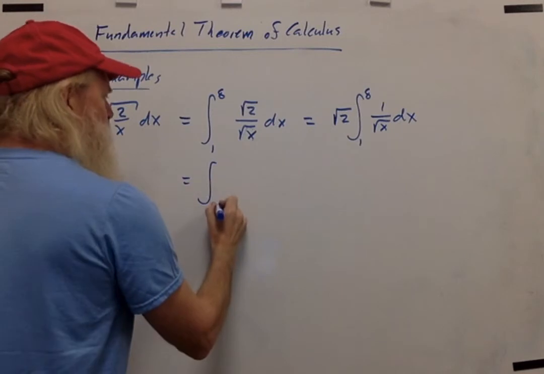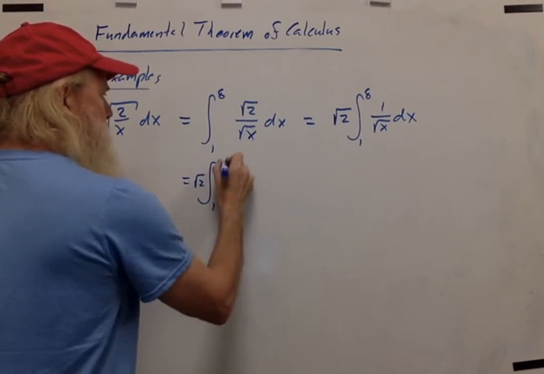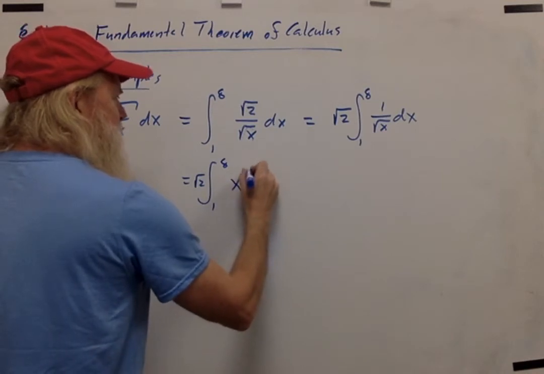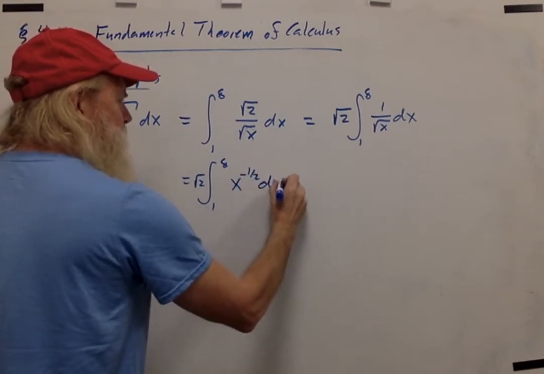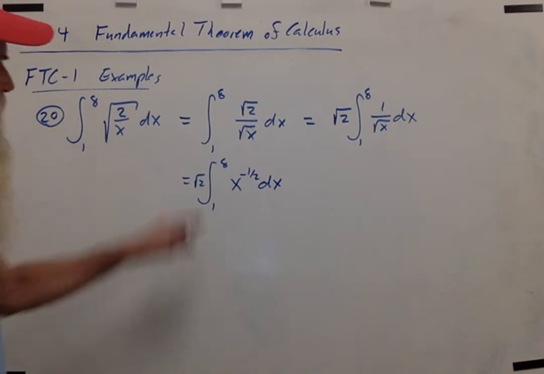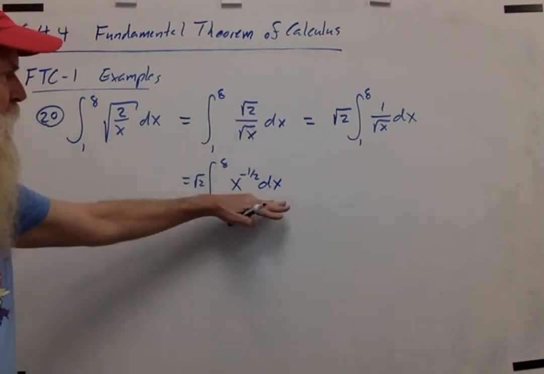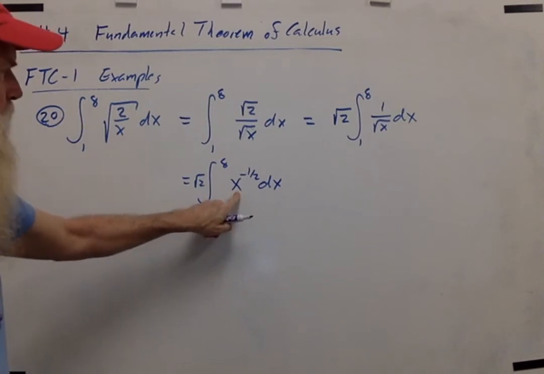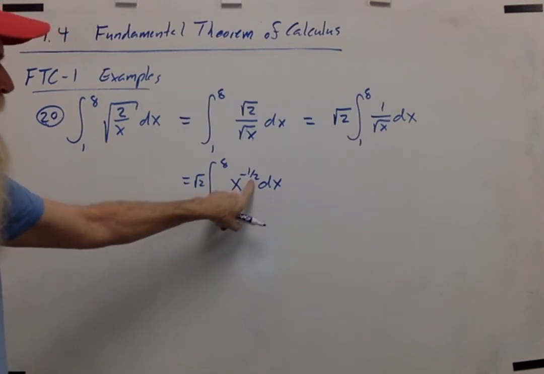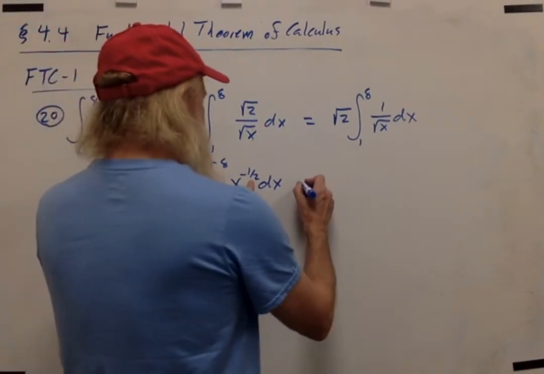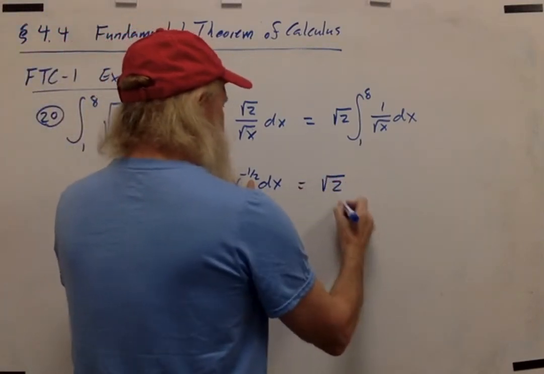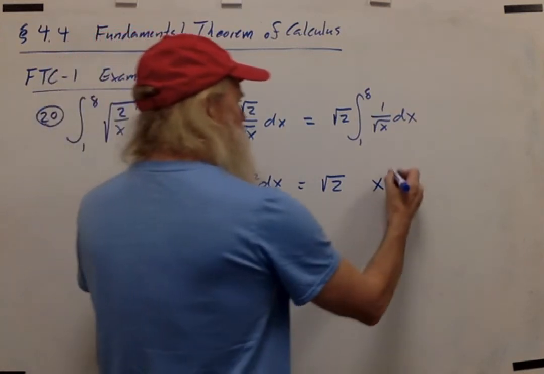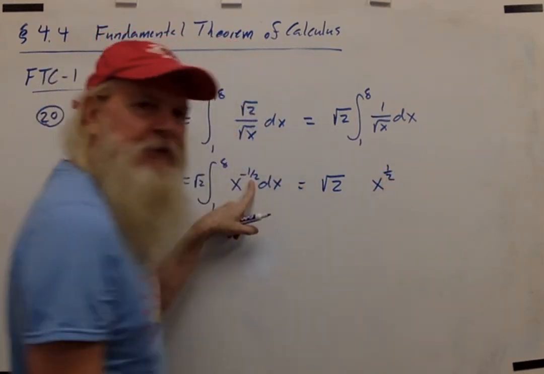And then I can use exponent rules to rewrite the 1 over square root of x as x to the negative 1/2 power. So these steps were mostly using algebra just to rewrite the problem so that I can apply the power rule. So I'm going to apply the power rule with n equal to negative 1/2. So I need to add 1 to the exponent, and negative 1/2 plus 1 is positive 1/2.